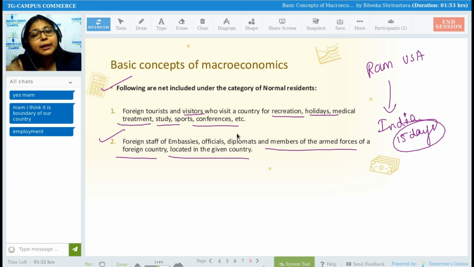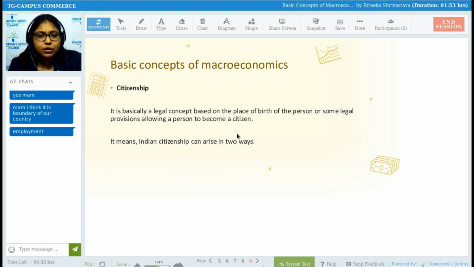This does not really happen, but imagine any foreigner who has been sent to our country to do work-related things. That person will not be called a normal resident. Okay, so he will also not be a normal resident. So that was our second term, normal resident.